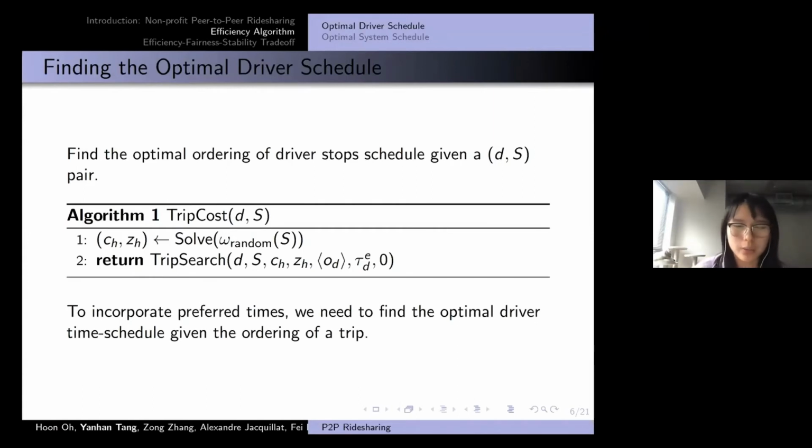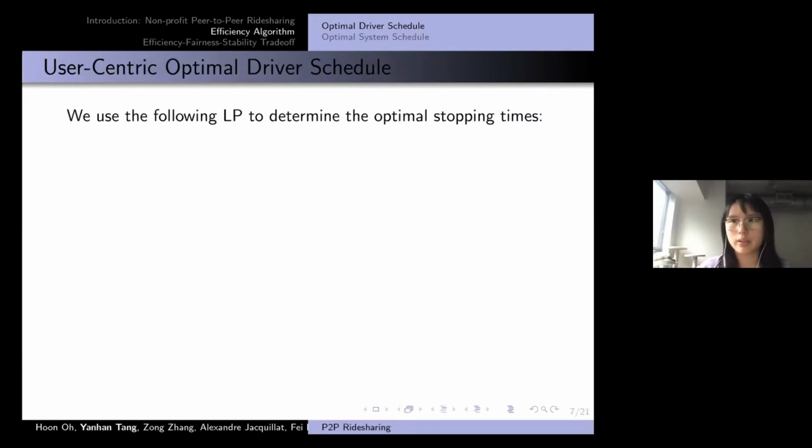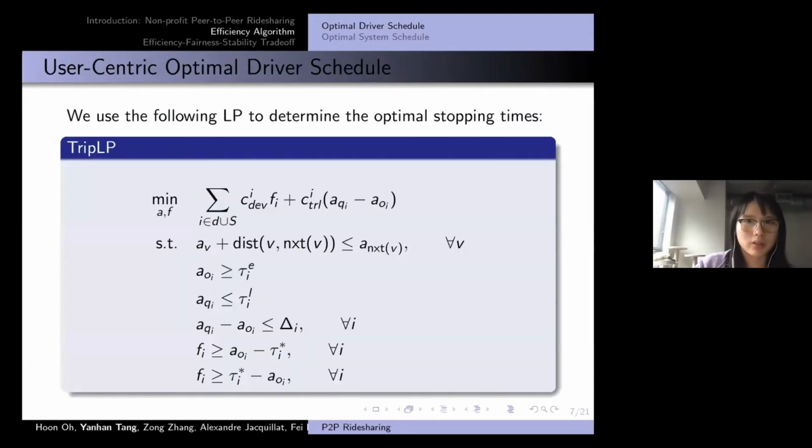We start with a random stopping ordering, and then we use a tree search based algorithm to explore other feasible orderings, and we add techniques such as pruning. But in order to find the optimal stopping times of a given ordering, given a route, we propose a new LP to determine the optimal stopping times.